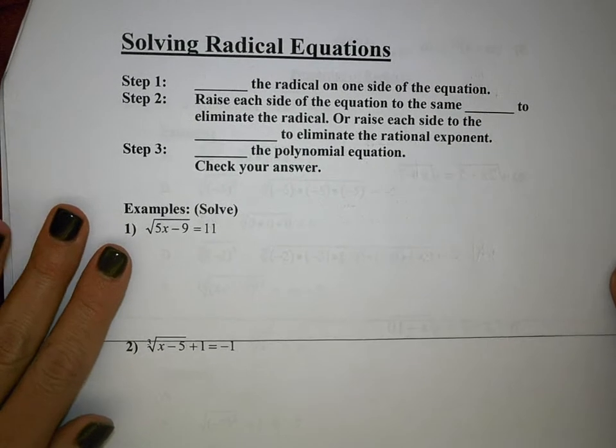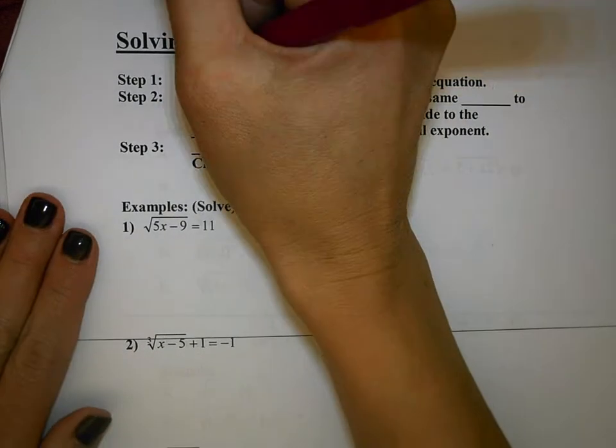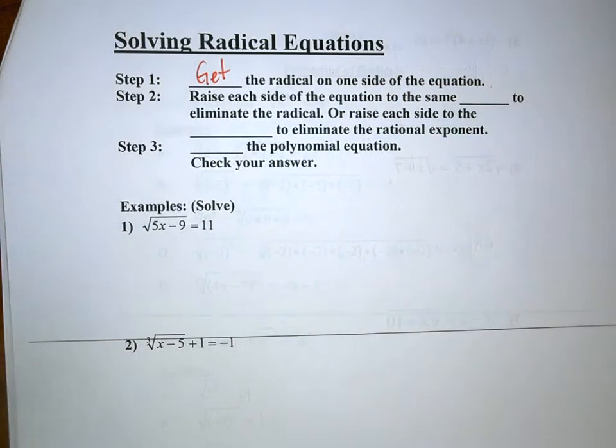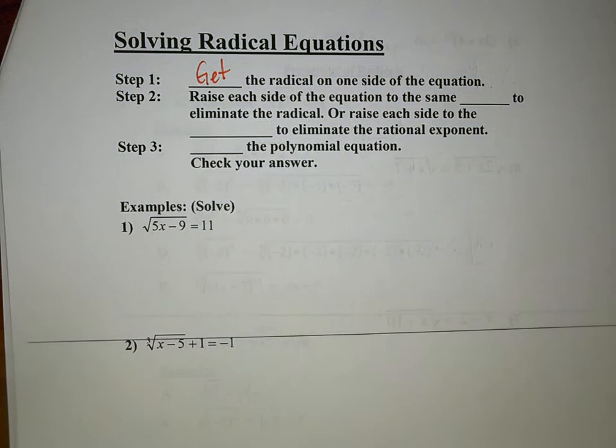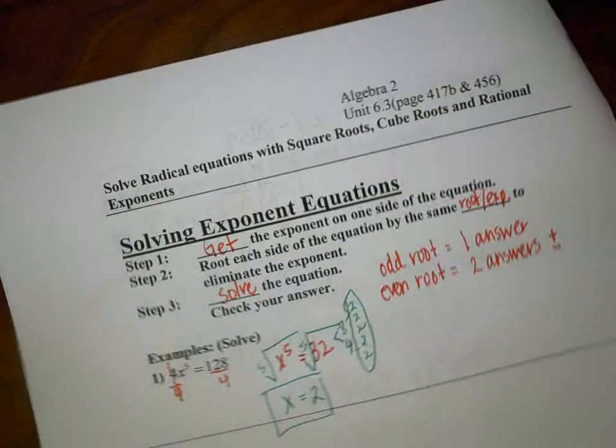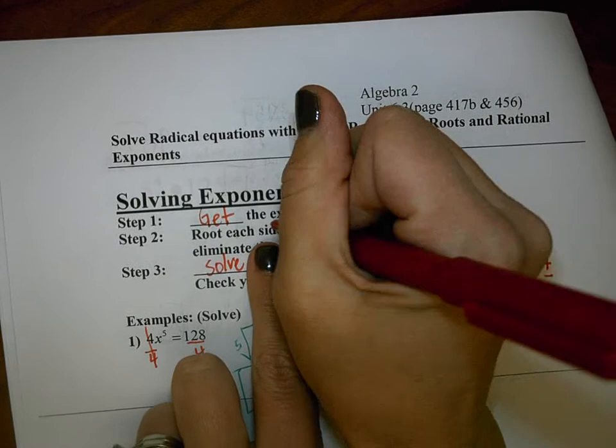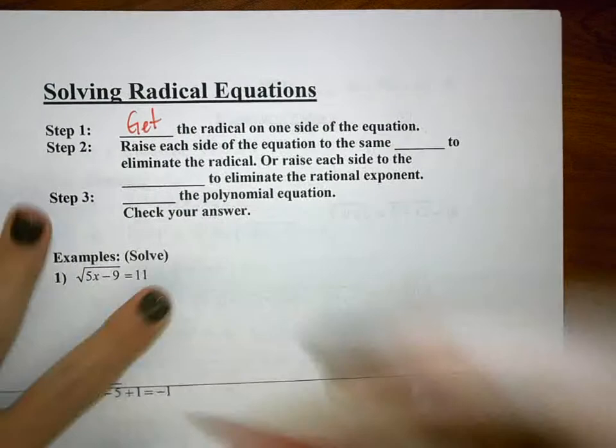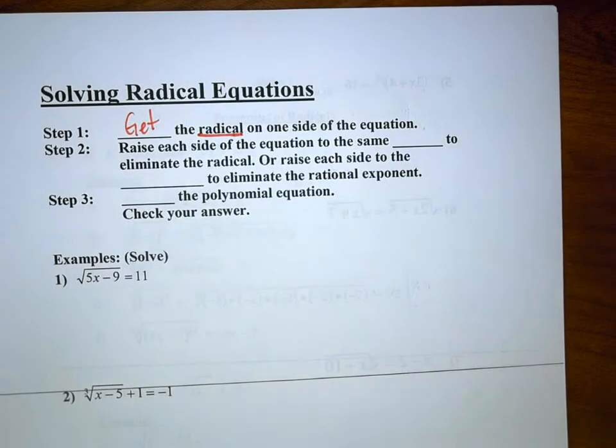All right, step 1 here is to get the radical on one side of the equation. What is different? On this side, it was get the exponent, and over here it says get the radical.